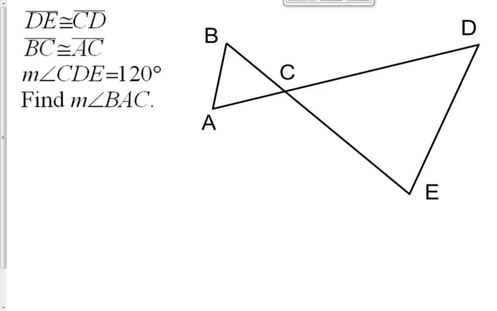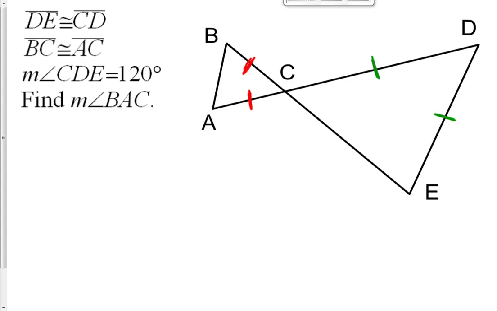This one deals with angles. So angles of an isosceles triangle, the base angles are congruent. So let's take a look at what our given information is and let's mark up our picture. DE, that segment, is congruent to segment CD. So those two lengths are congruent. What else do we know? BC, that segment BC, is congruent to segment AC.